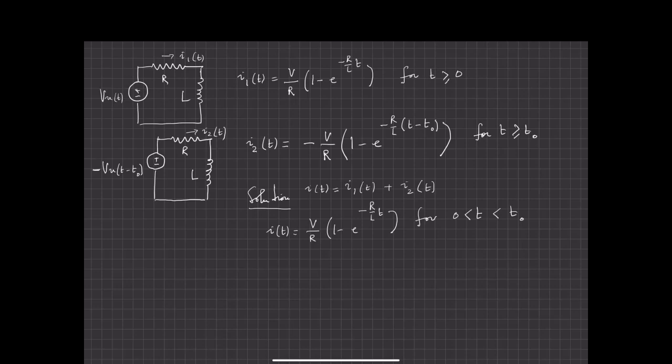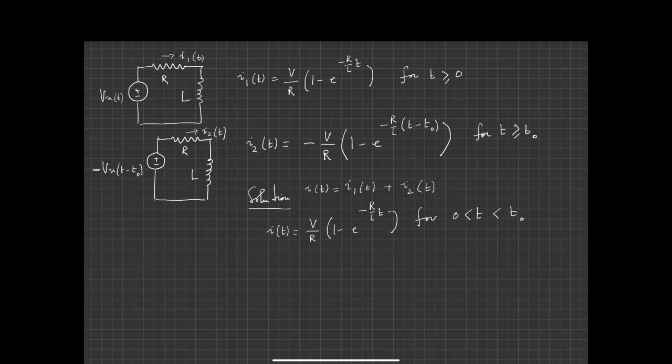And so I of t, that's the response of the circuit, is I1 of t for t lying between 0 and t naught. But then, for t greater than t naught, there's also I2 of t floating around. For t greater than t naught, both I1 of t and I2 of t exist.